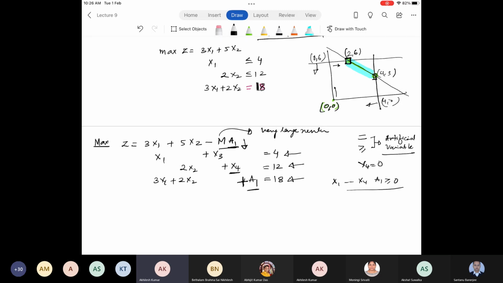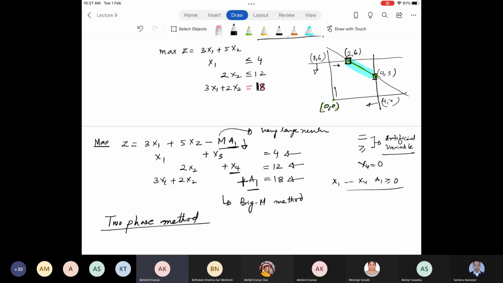Fine. So there is another method, which is also known as the two-phase method. Out of this two-phase method, we only need the first phase for quadratic programming.